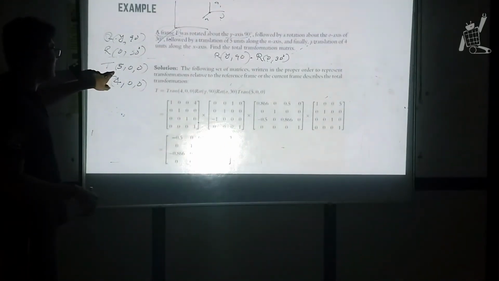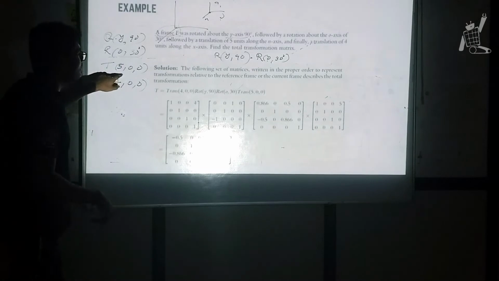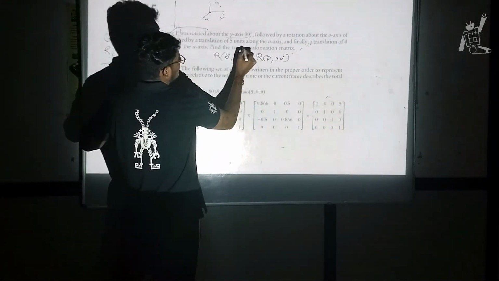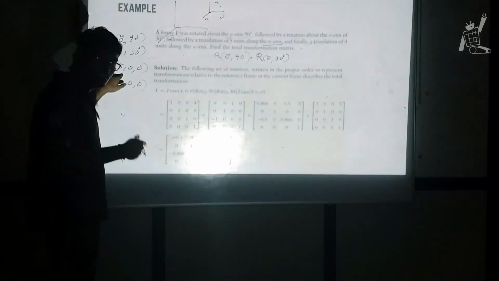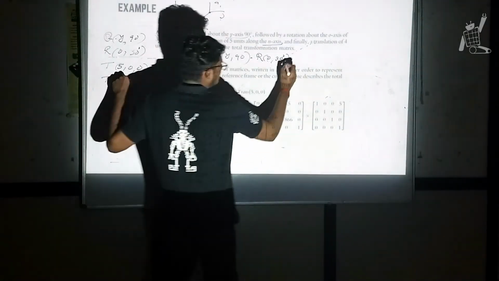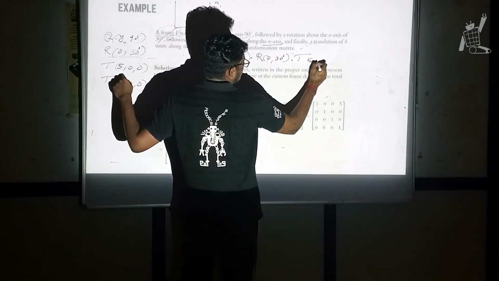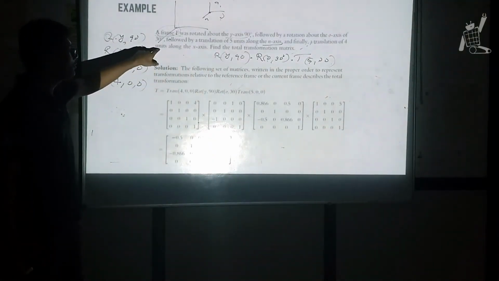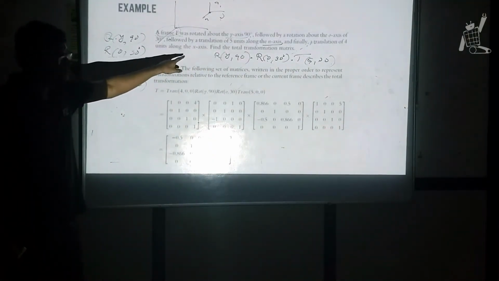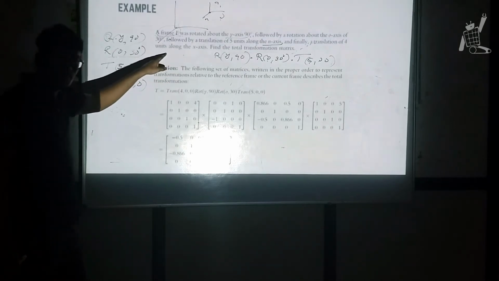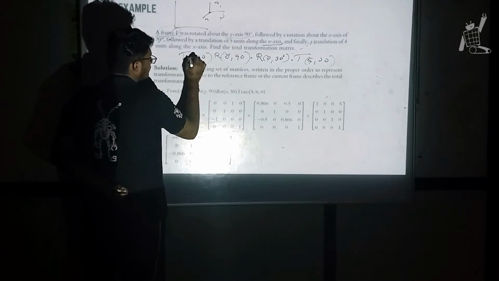Next is translation that happened along the n-axis. That is also its own axis, so it will again get post-multiplied. Translation 5 0 0. Next is translation of 4 units along the x-axis, which is with respect to the reference frame, so we will pre-multiply that. 4 0 0.